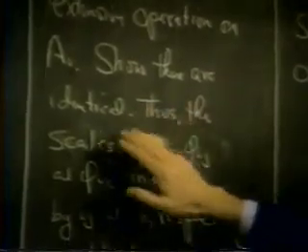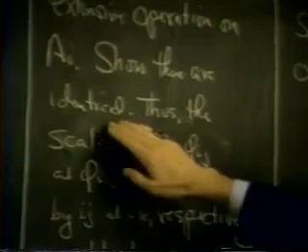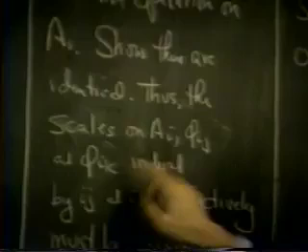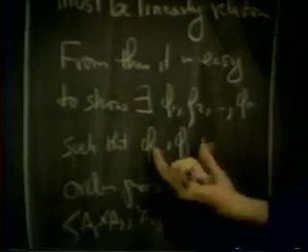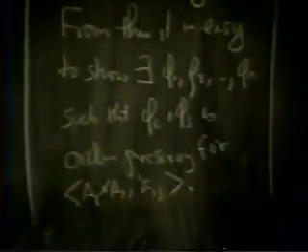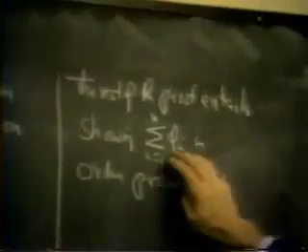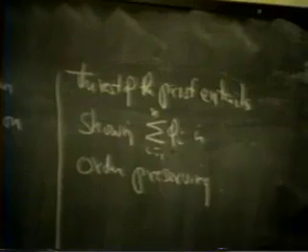And thus the uniqueness theorem for the extensive structures forces these induced scales to be linearly related. And from that, then it's easy to show that you can make a collection of n scales, one for each component, such that any pair of them is order preserving for that sub-component. The rest of the proof then is simply to show that their sum is in fact order preserving.